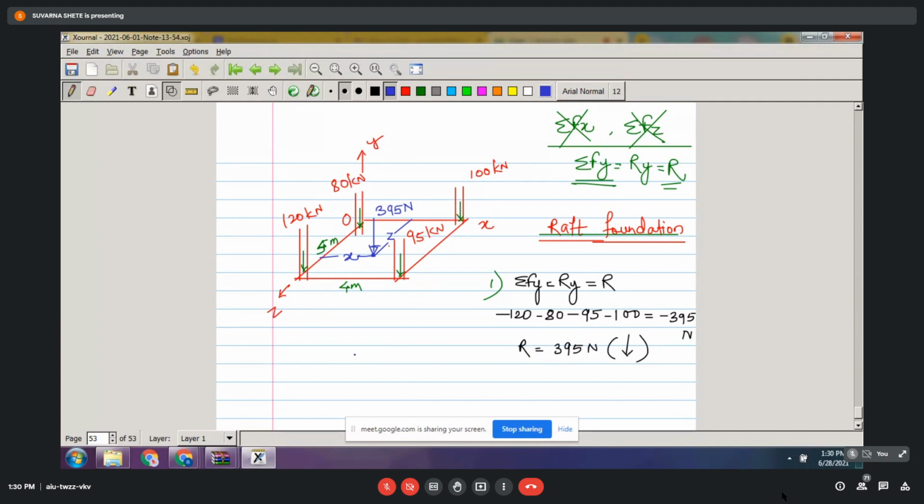Now my aim is to locate my 395 force, which is my resultant, on this base plate. Can you tell me what theorem or equation helps us to locate the resultant? Varignon's theorem.